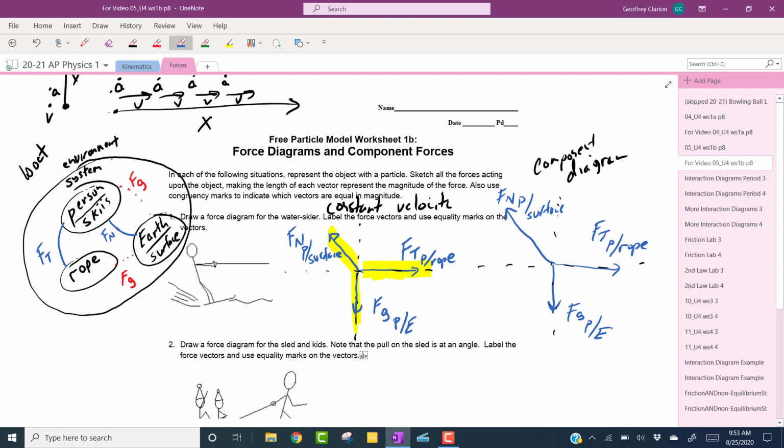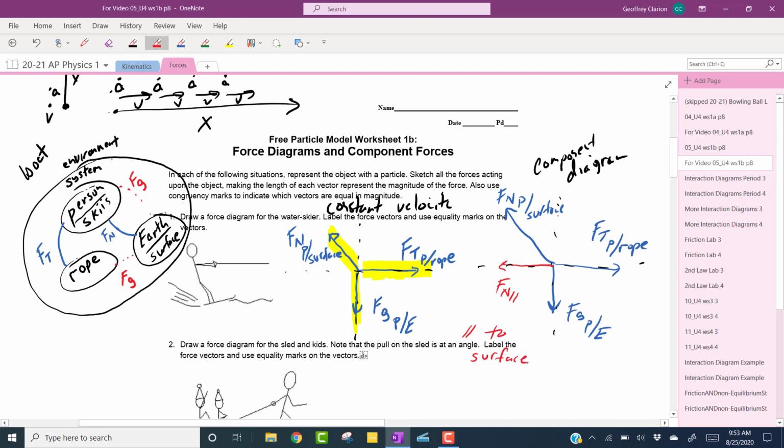Its horizontal component goes along the x-axis like this, and we call that the normal force in the parallel direction. By parallel, we mean parallel to the surface.